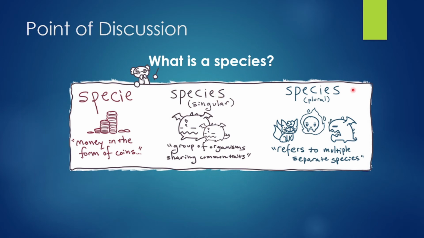And the plural of species is species, and it may refer to multiple separate species. So this is one of the pet peeves of taxonomists or biologists in general, the use of the word specie when referring to a single organism. We use species if we're referring to the singular or to the plural.